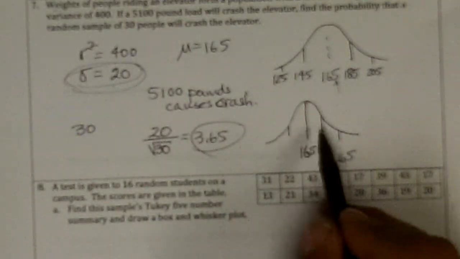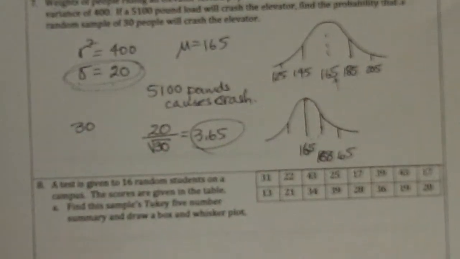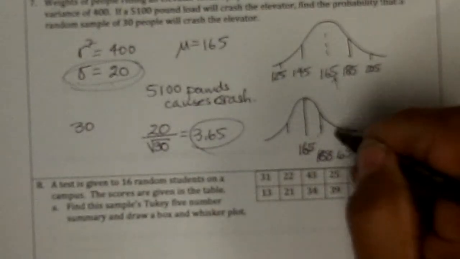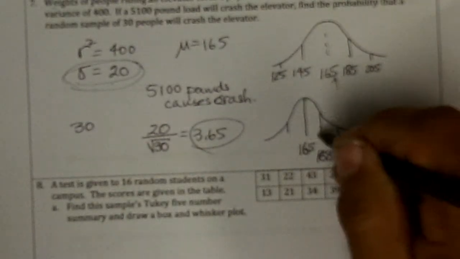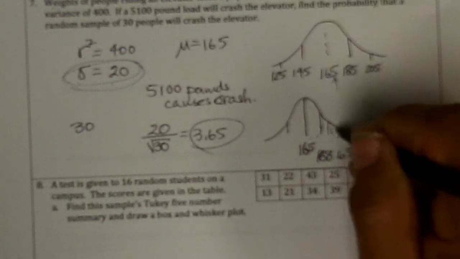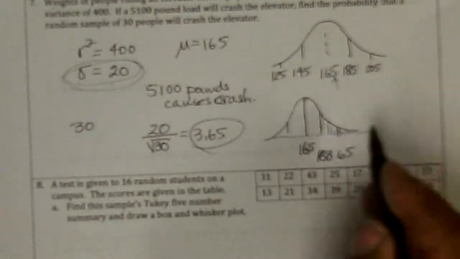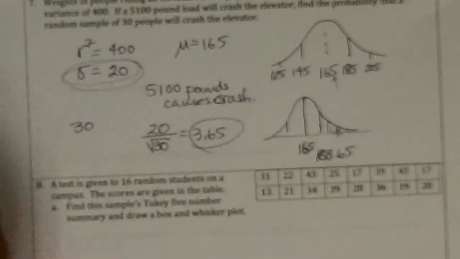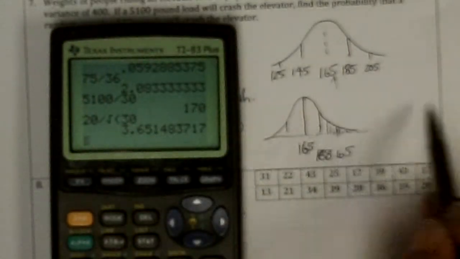That's how much the standard deviation is here, and we want to know if we can get 170. What's the chances it's 170, which is a little higher here, or above? So we've got to calculate 170 or above.